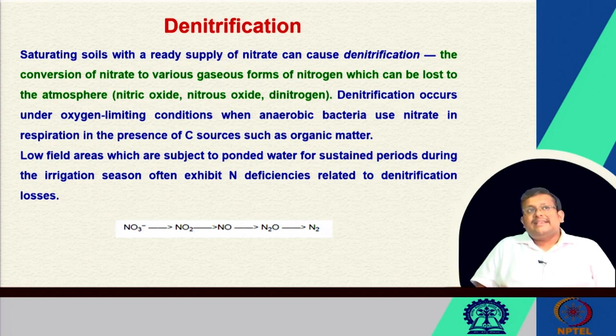So, when the soil is saturated with water, that will remove all the air which is occupied in the pore space. So, saturating a soil with water will create an anaerobic condition, and in this anaerobic condition whatever nitrate is there in the soil will convert back to various gaseous forms of nitrogen, which will ultimately be lost to the atmosphere.